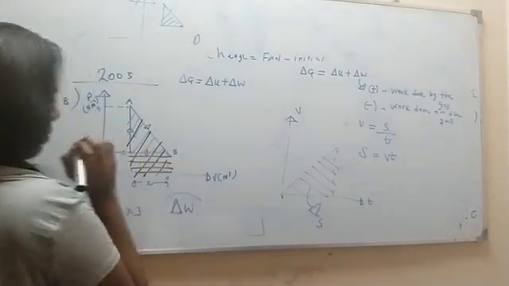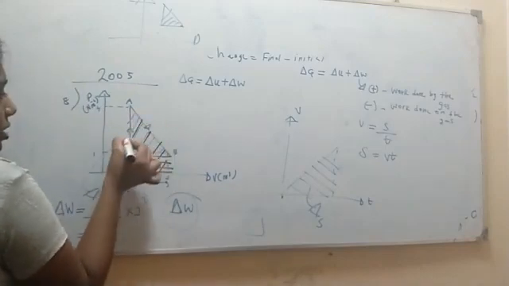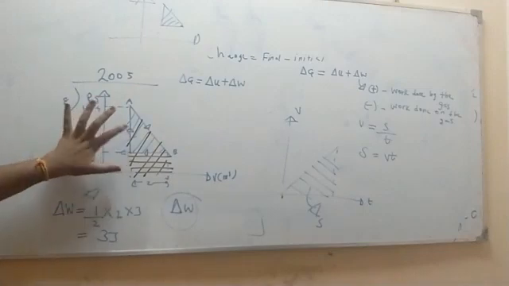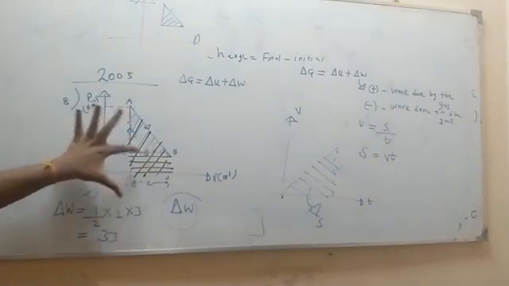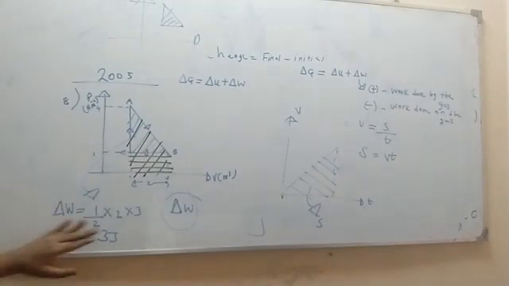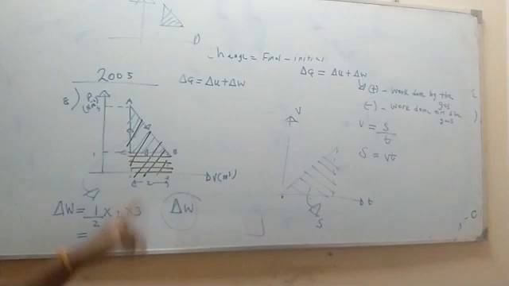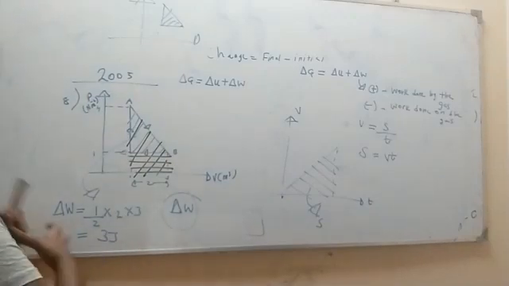Net work done is the area inside, because C to A work done is 0. Directly, half into base 2 into height 3 gives 3 joules. Now we know work is 3 joules.